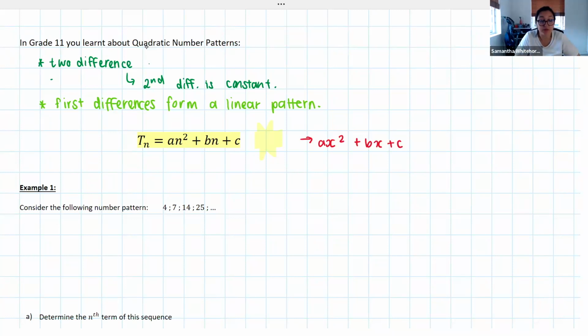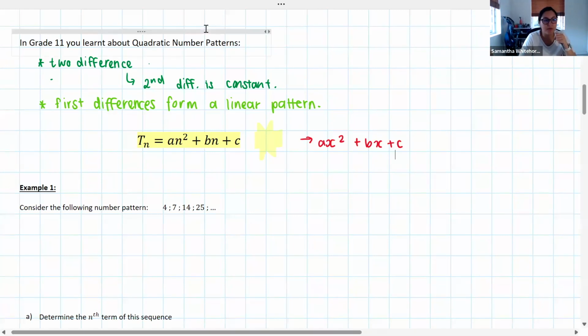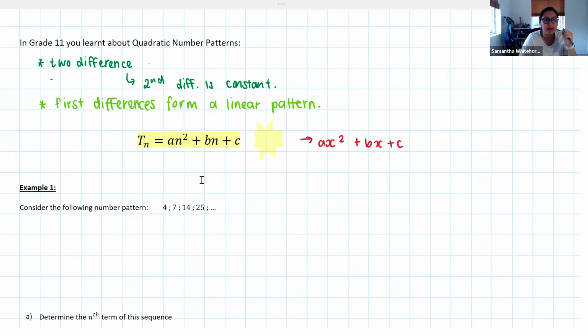That's where it comes from. It's the same relationship. We're just not talking about it in the context of a number pattern. Okay, so quadratic, it's nothing new. We've done quadratic equations. We've done these patterns in grade 11. And so it's something that we're comfortable with. And if not, again, we'll practice it. We'll do more algebra and we'll get it right.